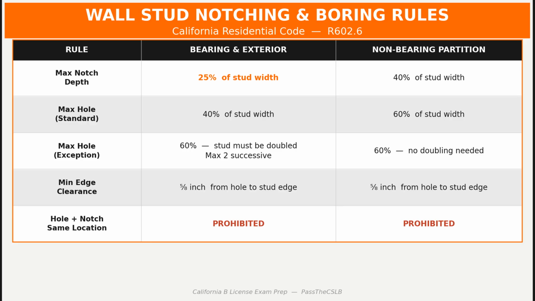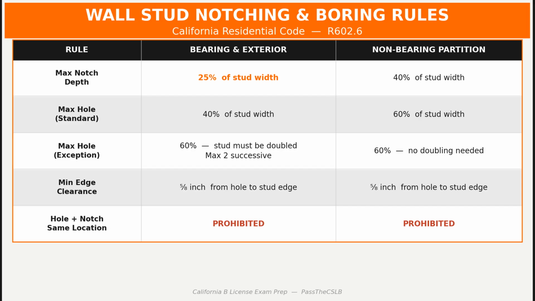Non-bearing partition walls, the relaxed rules. Interior non-bearing partitions, the walls that divide rooms but carry no structural load from the floor or roof system above, operate under the same code section, but with substantially more permissive limits. For non-bearing partition studs, the maximum notch depth is 40% of the stud's width.